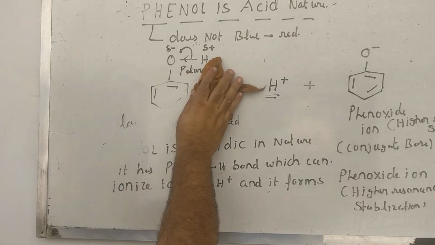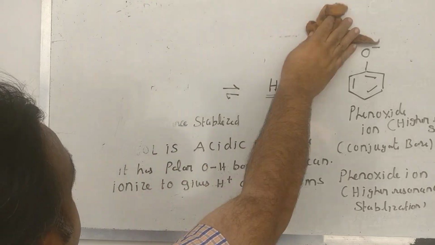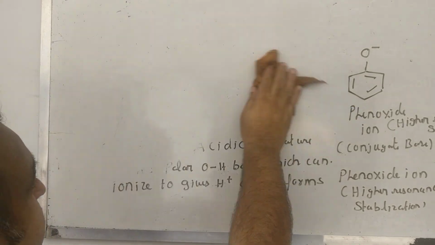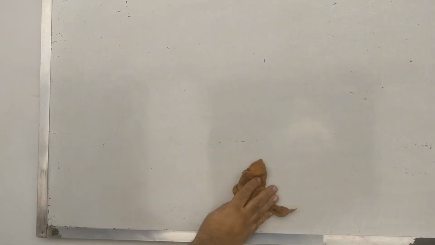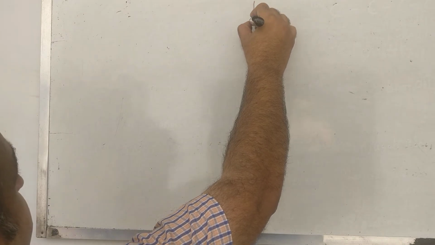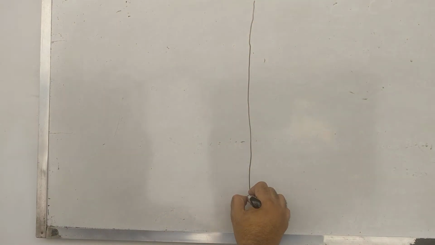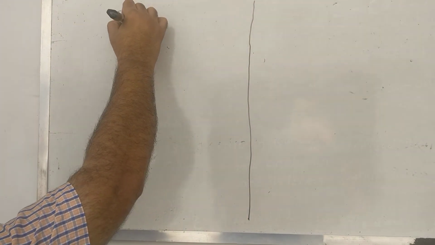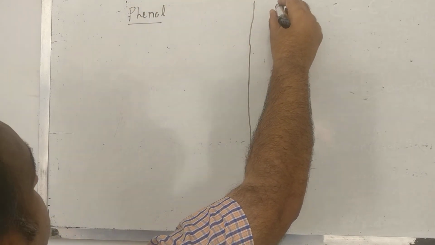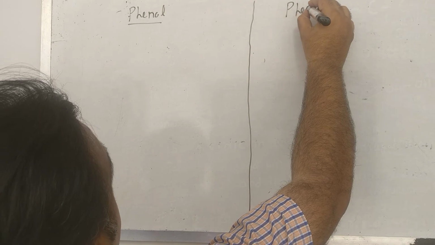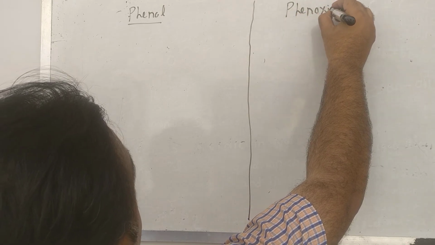Let's find out why phenol's resonating structures are less stable, whereas phenoxide ion's resonating structures are more stable. So let us draw the resonating structures of phenol and phenoxide ion.